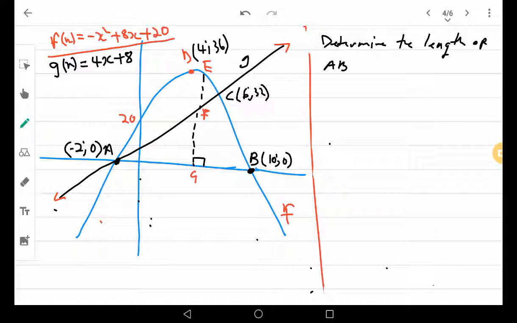If it's horizontal, check the y values to this one. So AB is going to be 2 plus 10. Get 10. Distance is always positive. So we can write 10 plus 2, which is going to be 12.